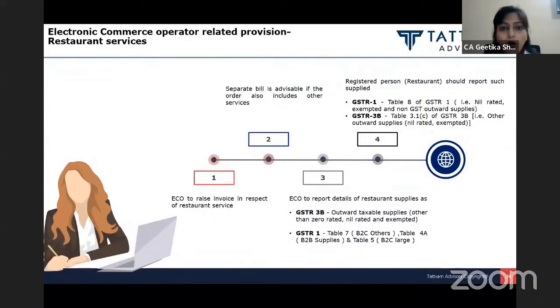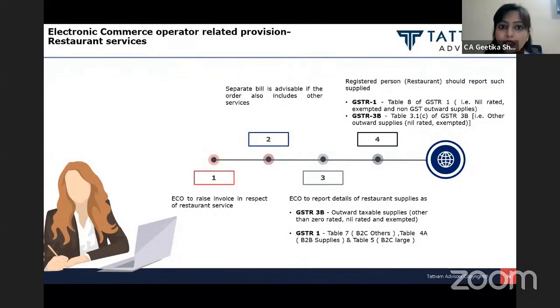Answer is no. Only the portion of the restaurant service, the serving of cooked food, which is sold through the e-commerce portal, only the liability of that part has been shifted to the e-commerce people. The rest continues to remain with the original service providers.